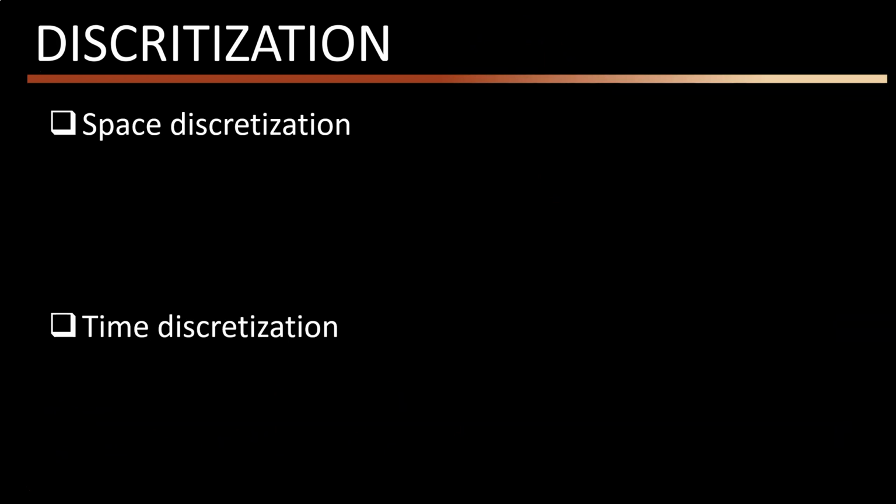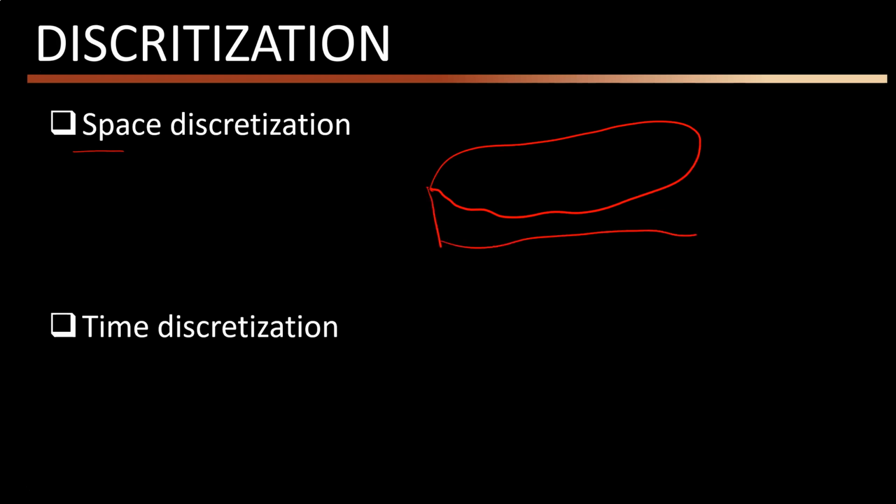Okay, we have two forms of discretization: spatial discretization and temporal discretization. What does it mean? Spatial discretization you are pretty much familiar with. For example, if this is my conceptual model, technically that would be 3D, right? If I look at the plane view, I divide this.